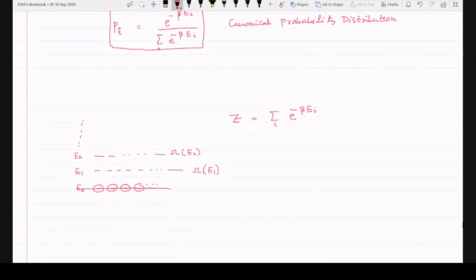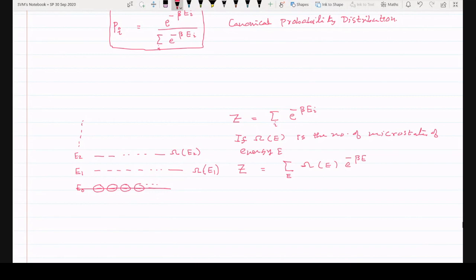So if omega of E is the number of microstates of energy E, then you can write this Z as the sum over distinct energies of omega E into e to the minus beta E. These two are the same.